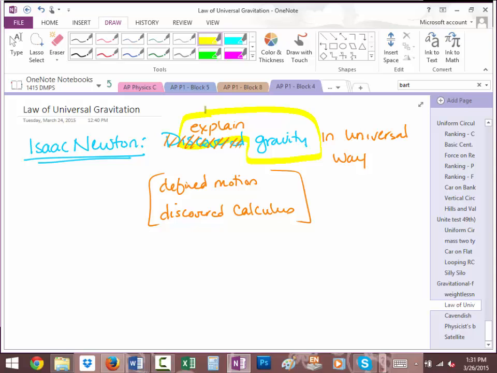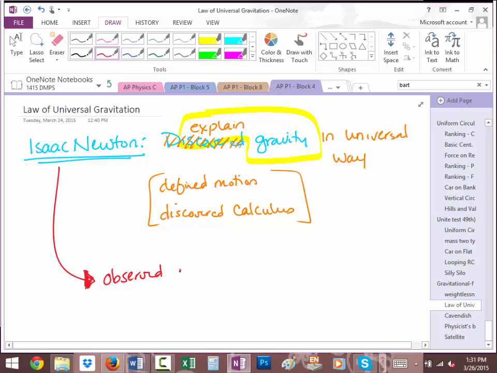But it is a nice story, I guess, and it does lead us to the way he understands things. And that is going to lead us back to Bart in just a second. So here's what Isaac Newton kind of thought about, or the story goes, okay, that he was observing an apple that fell from a tree.